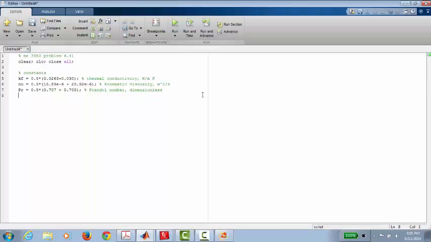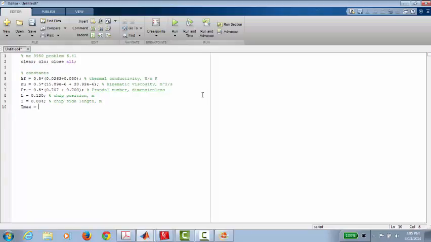Next, we can put in what we know from the problem statement. We know that the position of the chip relative to the beginning of the circuit board is 120 millimeters. With a little L, it is 0.004 meters. We know that the maximum temperature of the chip is 85. We know that the fluid temperature is 25.